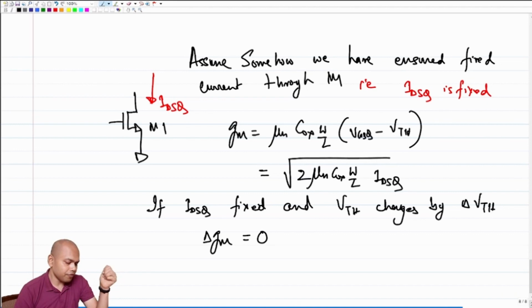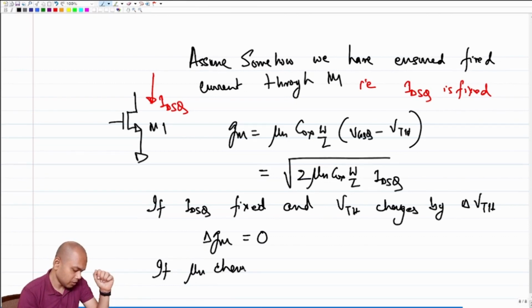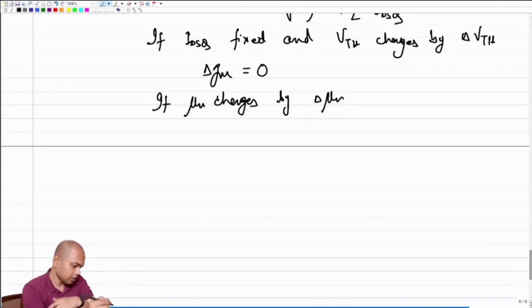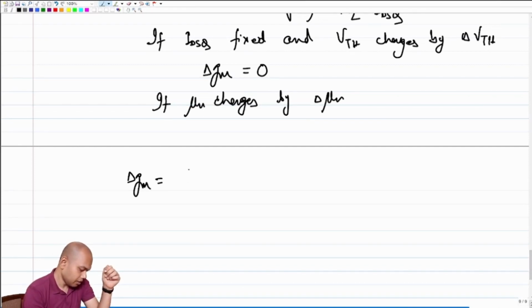What will happen if mobility changes? If mu n changes by delta mu n, what will be the effect? Delta GM is dou GM dou mu n times delta mu n.